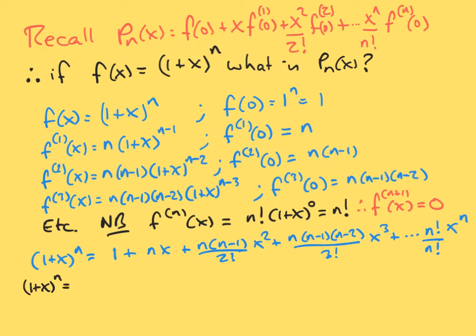is going to be equal to, and I'll leave the 1 for a moment, the nx is going to be plus n factorial over, and now n is related to n factorial in that n factorial is n times n minus 1 factorial.